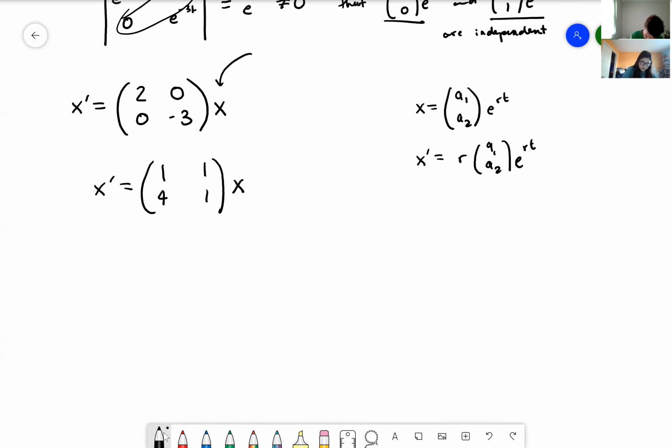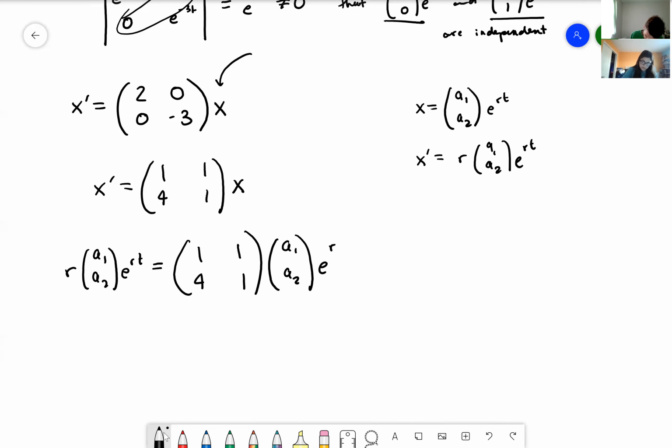What we get is r times a1, a2 e to the RT equals 1, 4, 1, 1 times a1, a2 e to the RT. Now we can cancel out the e to the RT on both sides because that's never going to be equal to 0.